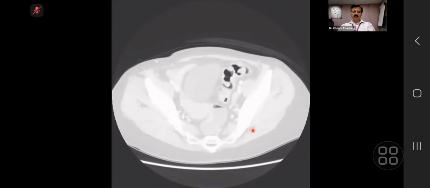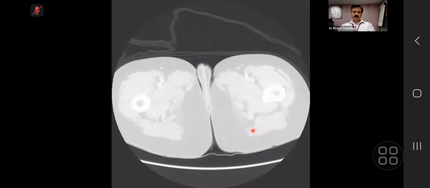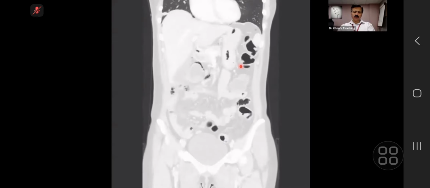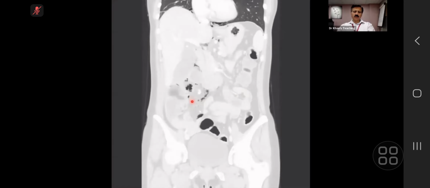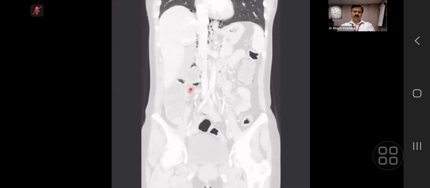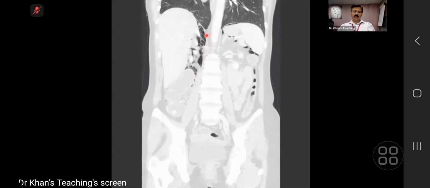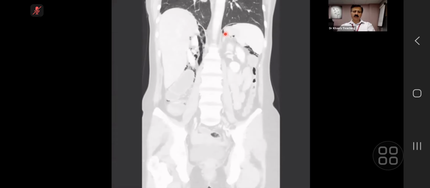So let's see the coronal of this one. And now this is, of course, the colon, ascending colon, gas here. And then this was the learning point, under the diaphragm.